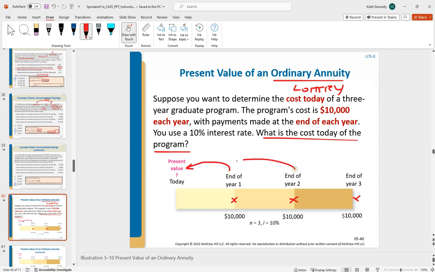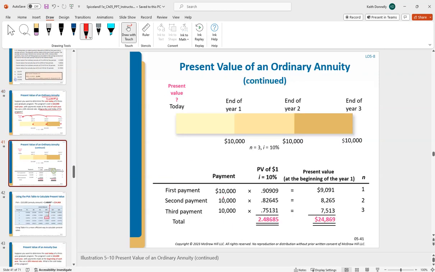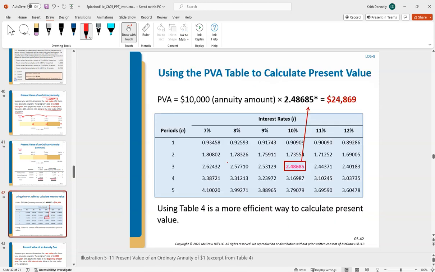So you're trying to shrink all of these future payments down to today. You could do it individually, each one of the payments, or you could use the table. 3 years, 10%, there's our factor, $10,000 payment times the factor. We're looking at 24 grand. It's more efficient to do it that way.